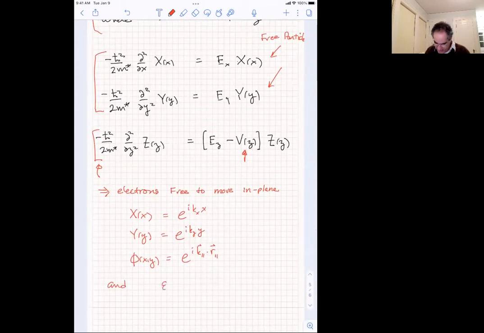so that their energy then is just given by h bar squared k parallel squared over 2m star, where this energy here is their kinetic energy in the plane. We'll call it E parallel.